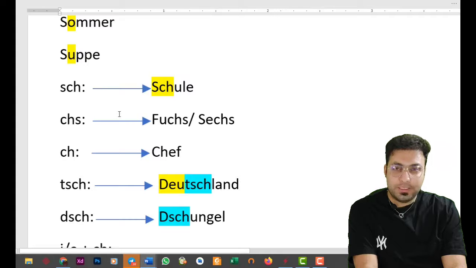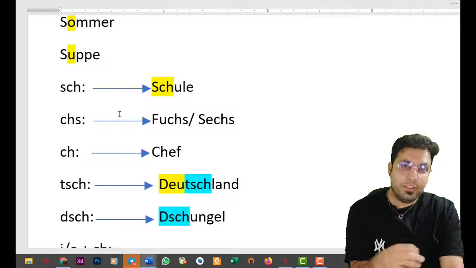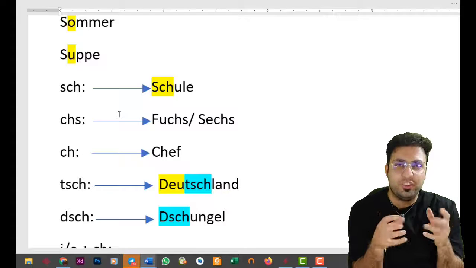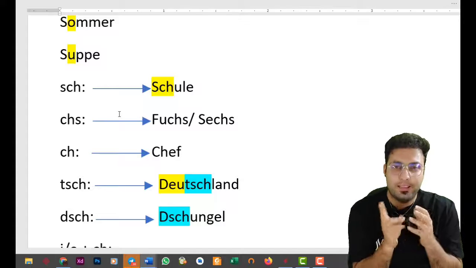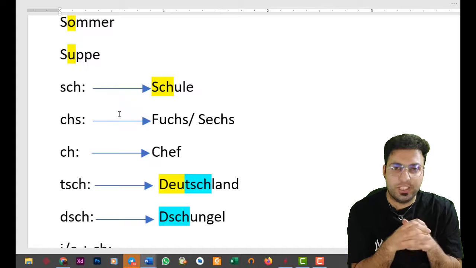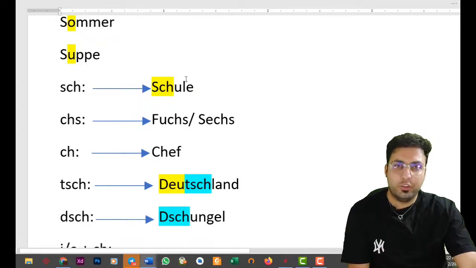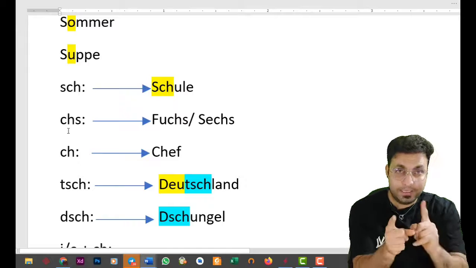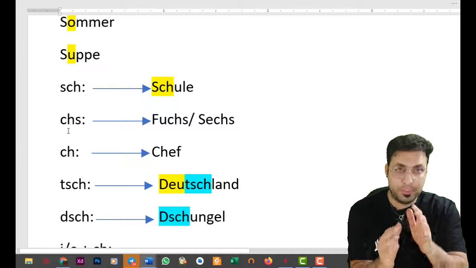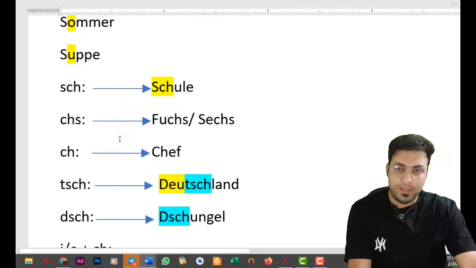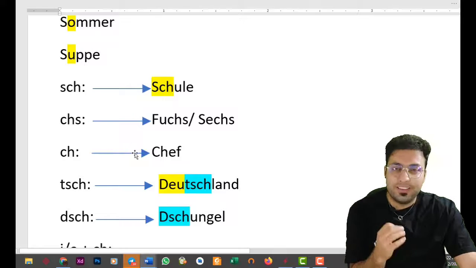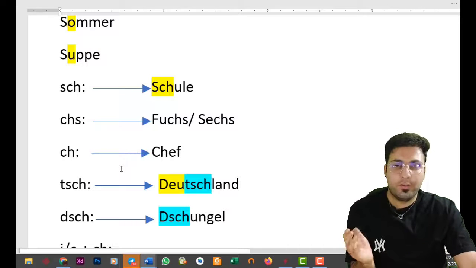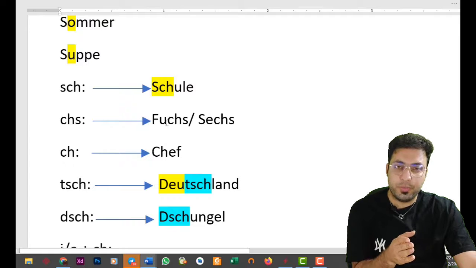The next compounds, letters actually, in German you can find many sh sounds. SCH also sounds sh. Look here, Schule. But CHS, do not confuse them, they're a little bit different, will sound X. Fuchs means fox.